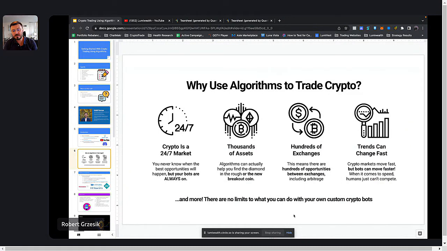There's also hundreds of exchanges, which means that there's a lot of opportunities there as well. I'm working on a project with a friend of mine where we're doing arbitrage across exchanges, and doing that kind of stuff can actually make you quite a bit of money. Things can be priced one way on one exchange and something else on another.